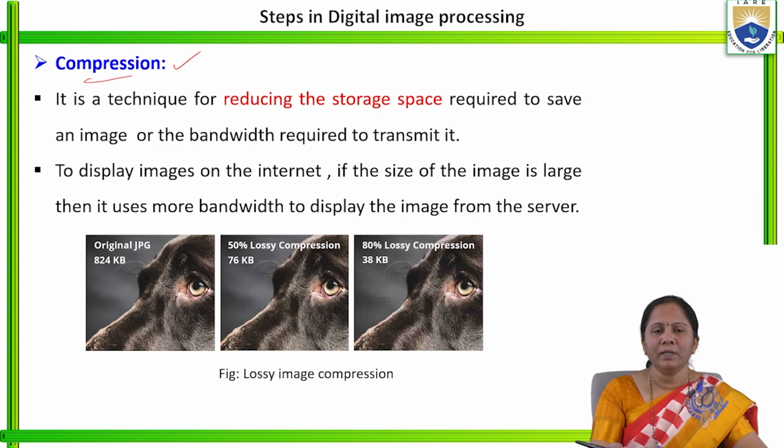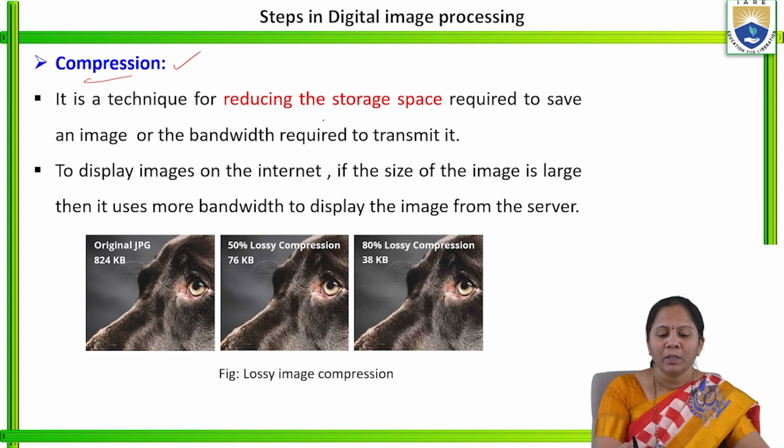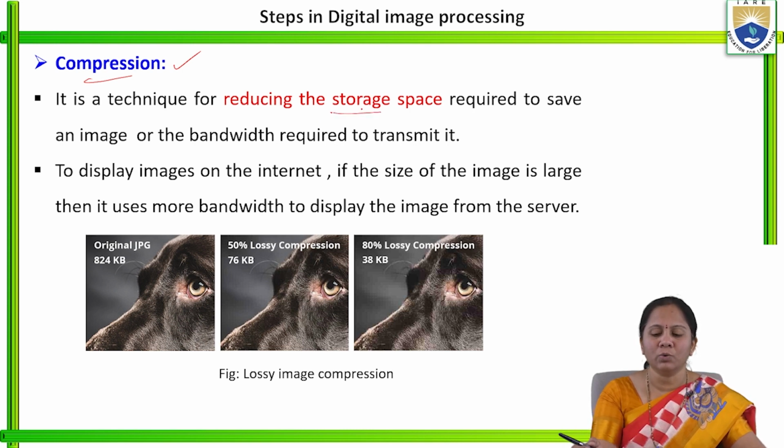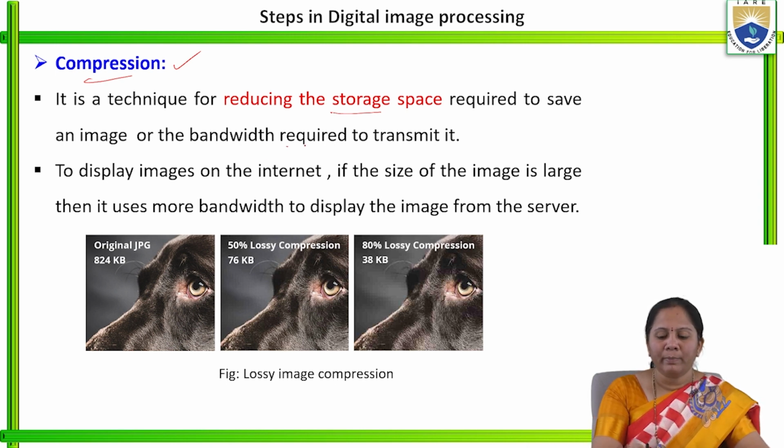What is the advantage of compressing the image before storing or transmitting it? Compression is the technique used to reduce the storage space occupied by that particular image or the bandwidth requirement to transmit that image.